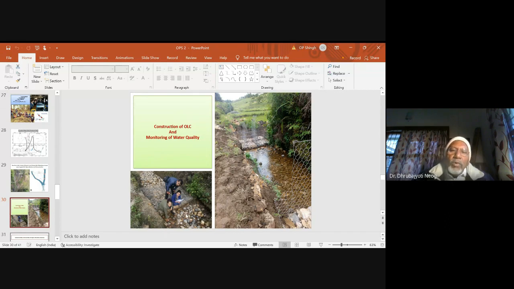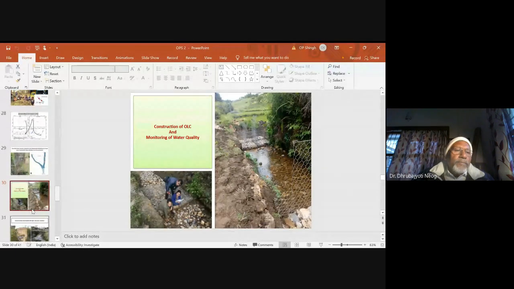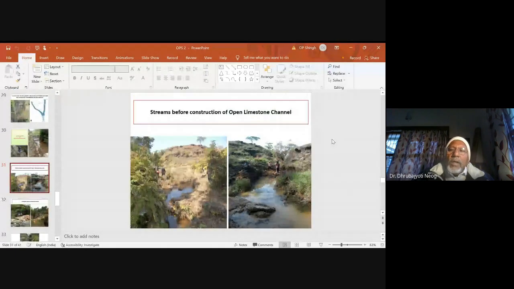You can see these boulders are limestone boulders, and here earlier streams were like that, zigzag, and depth was irregular. So it was made straightened, and we removed the mud from the bottom, and it was made like this.